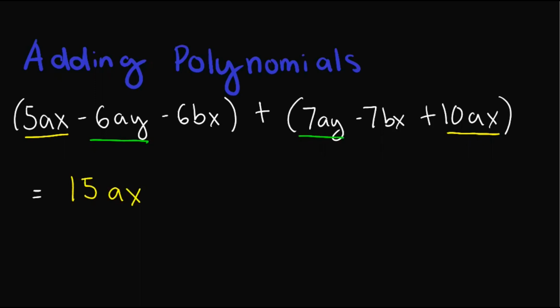Adding the coefficients would give us plus 1ay, or simply plus ay. Lastly, we have negative 6bx. Its like term on the other one is negative 7bx. Adding those two out would give us negative 13bx. And this is the final answer.